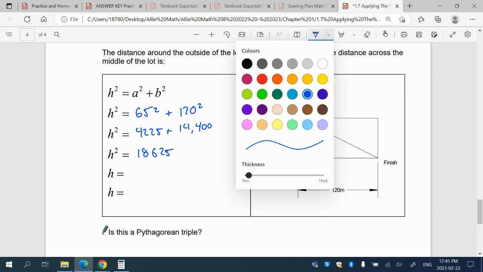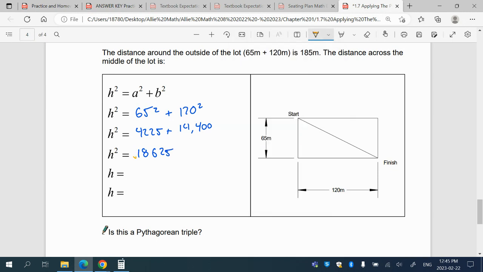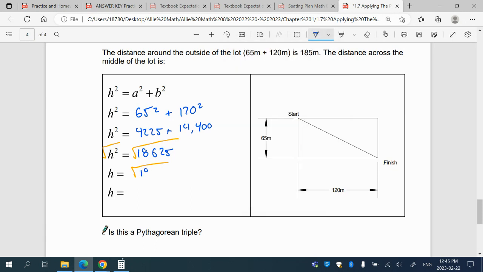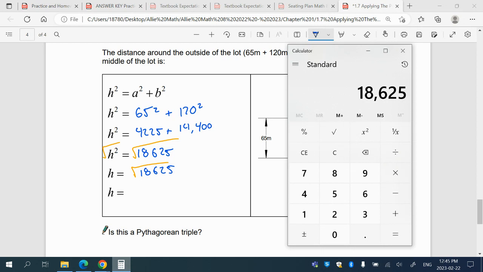Now we need to take the square root of each. So h equals the square root of 18,625. And let's see what that is. 18,625 square root. Oh, I got to press it first.